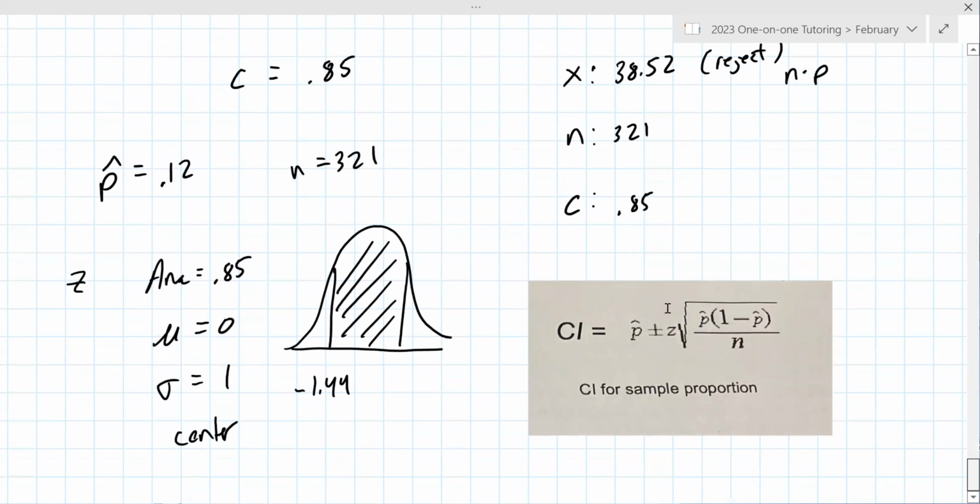So this time I want you to fill in the formula yourself and try working it out, getting your confidence interval there for this. Okay.